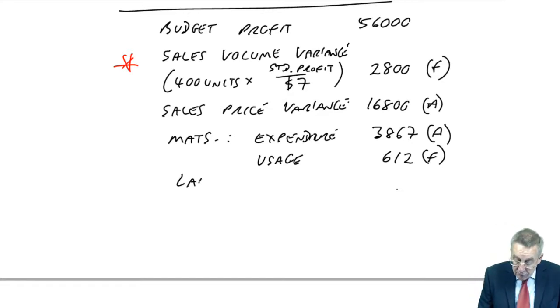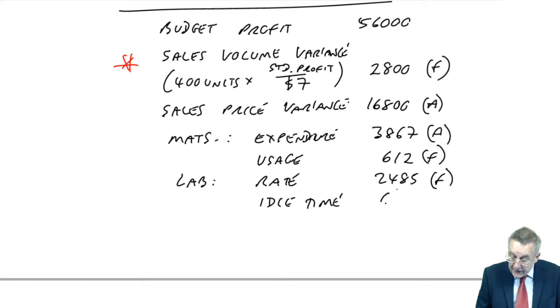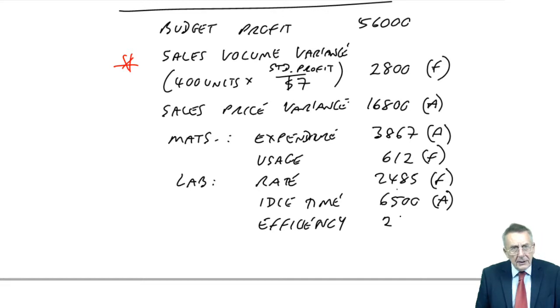We had a labour rate variance of 2,485 favourable. We had a labour idle time of 6,500 adverse. We had a labour efficiency variance of 2,000. Was it 2,000? Yes, it was 2,000 adverse.